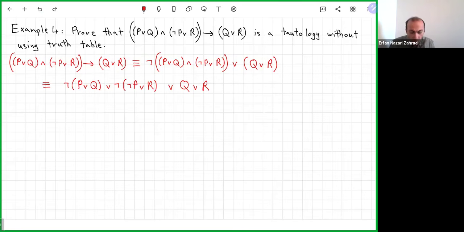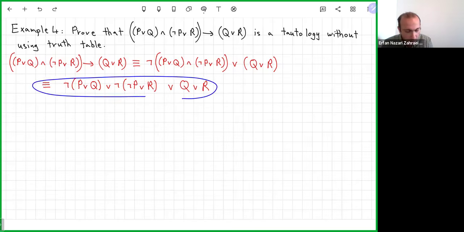Not only that I use De Morgan, actually I can use another De Morgan to also distribute not on these two parentheses. If you like, you could do it in one step and completely distribute not inside, basically use De Morgan twice, but let me do it step by step.